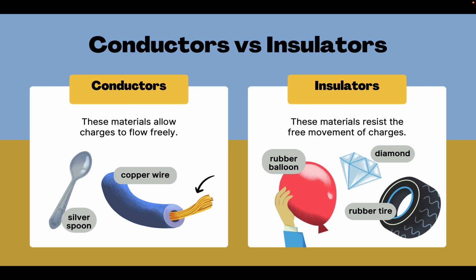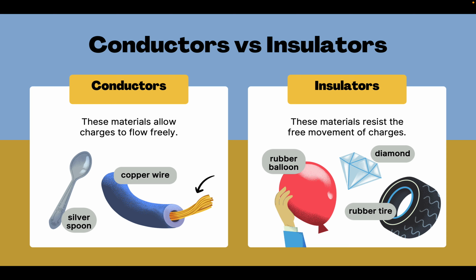So this time, let's compare conductors versus insulators. Conductors are materials that allow electricity to pass through. Some examples are copper, silver, and other metals. Materials that resist electricity are called insulators.